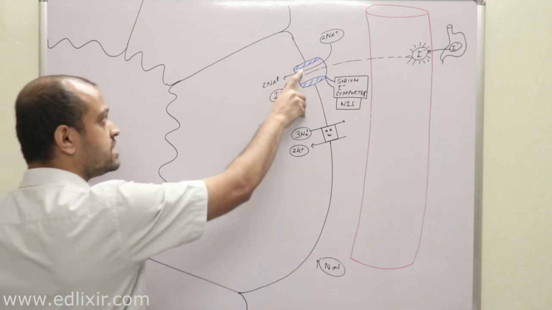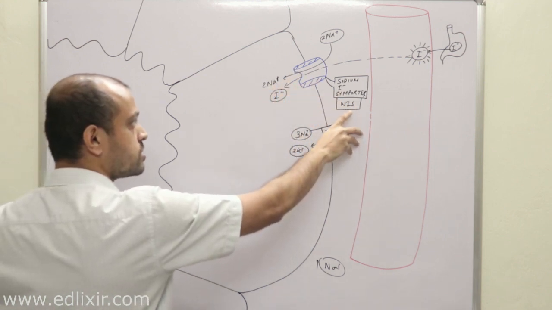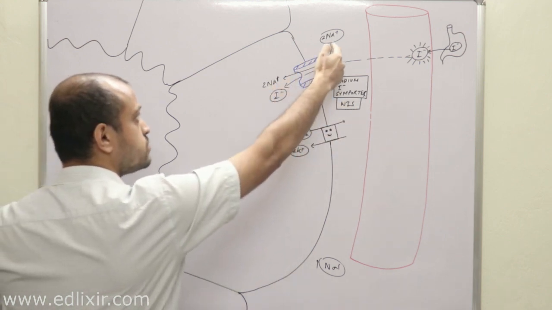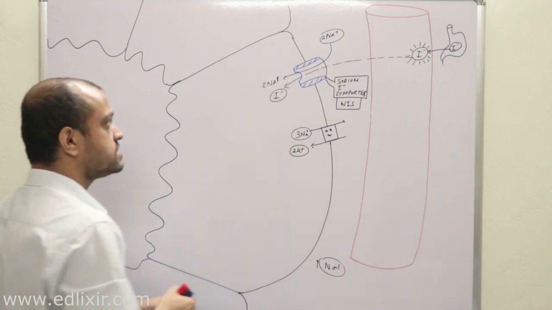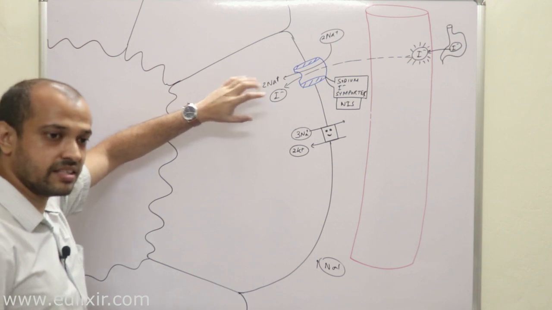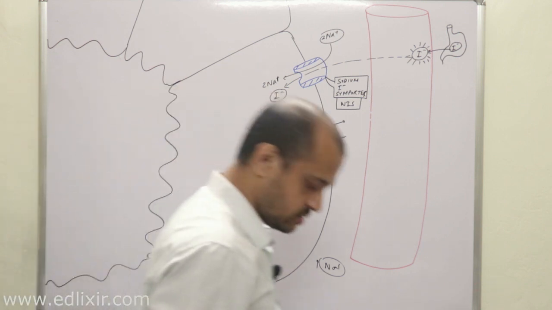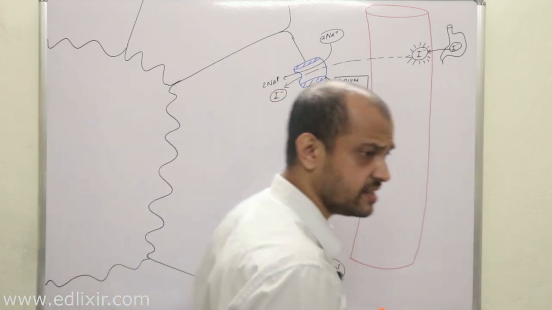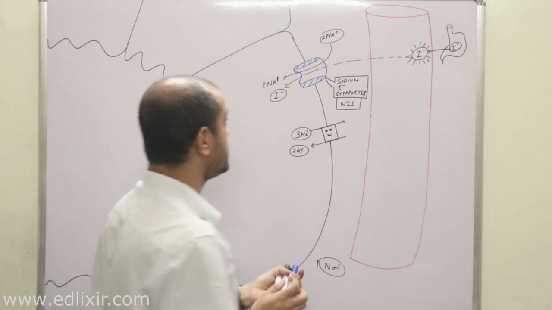And when this sodium iodide symporter or NIS is active, that is when sodium is entering, iodine will also start entering with the help of NIS. That means this is one of the ways by which iodine enters the cell. Now this is very important.